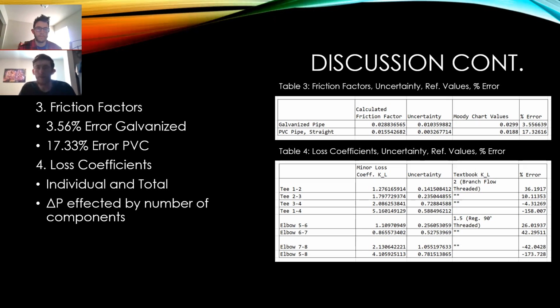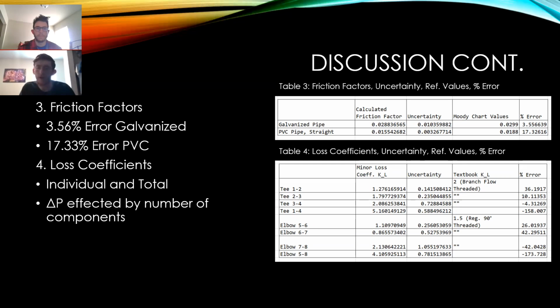We made this assumption because when we looked at the flanged loss coefficient, it just didn't seem like it was a very good comparator for our data. So that is why we used the threaded. As you can see, looking at our calculated minor losses, looking at the percent error, they are very, very similar in all cases.